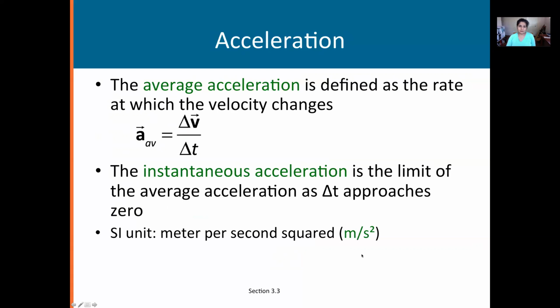What about acceleration? Acceleration is the rate of change of velocity with time. So we have meters per second per second, or meters per second squared. Okay? This defines our average acceleration. And similar to velocity, if we want instantaneous acceleration, we need to take this formula in the limit as delta t tends to 0, or the tangent to the velocity-time graph at a given time.